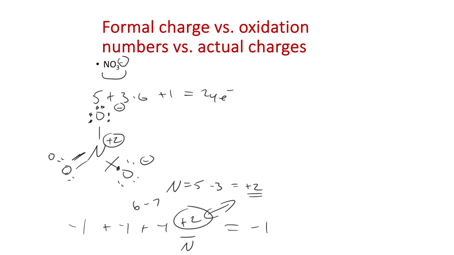And then nitrogen's formal charge adjusts accordingly. Nitrogen here now has 4 electrons surrounding it, so the nitrogen ends up being 5 minus 4 for +1. So that's good too. We reduce +2 to +1. We reduce -1 to 0, reduce that magnitude to 0. And we left the other 2 as is.